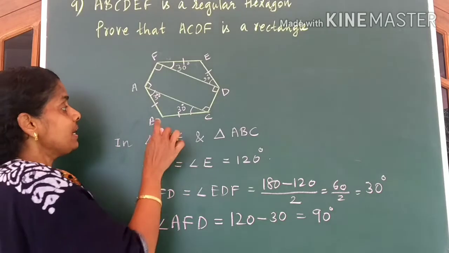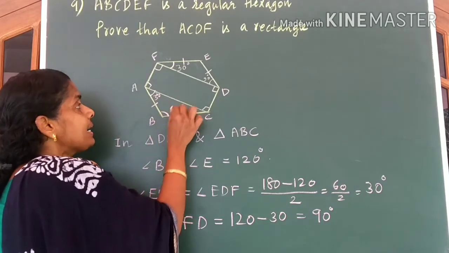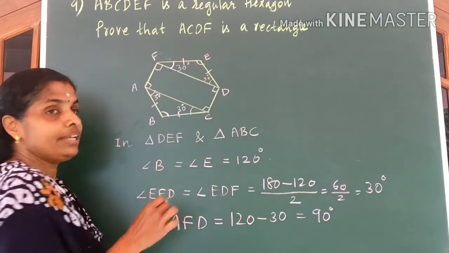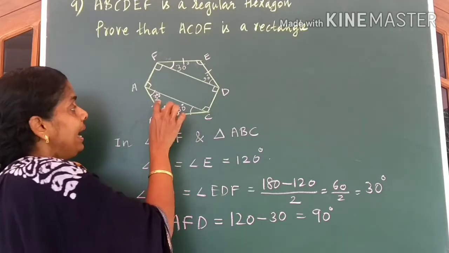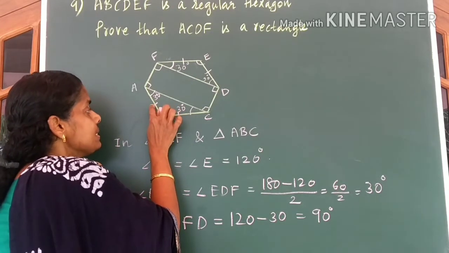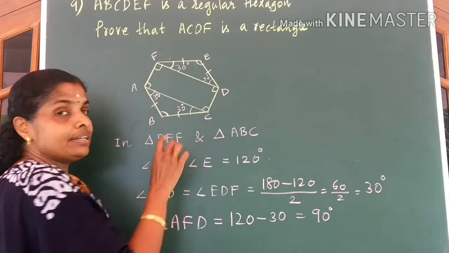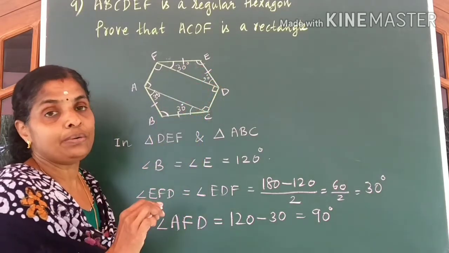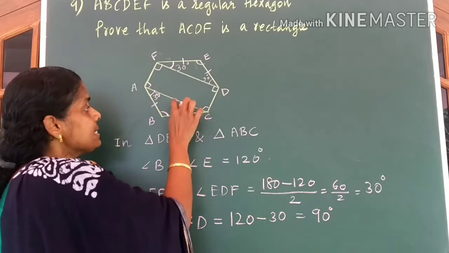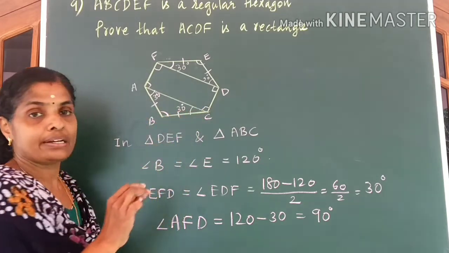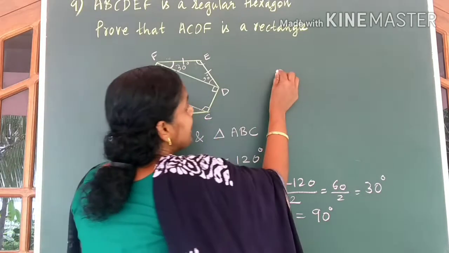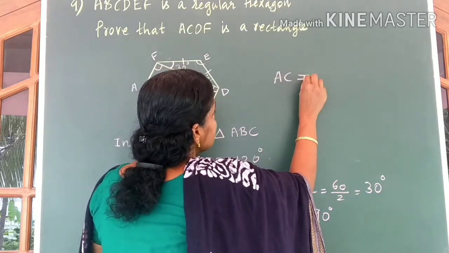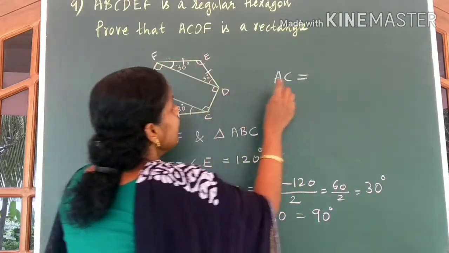Also, since angle B and angle E are equal and using side angle side, we can say these two triangles are equal triangles. So sides opposite to equal angles are equal. So we get the condition AC to be equal to DF.